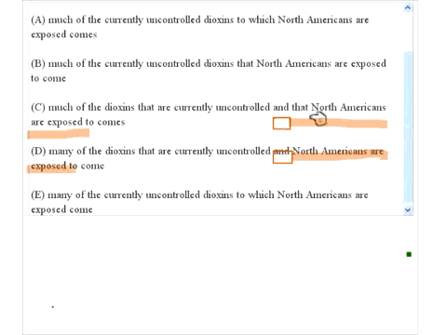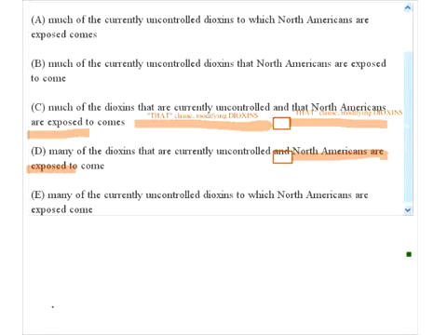Now in C, the parallelism in C is all right, because this is a that clause, and this is another that clause. And they both modify dioxins. So let's mark it: this is a that clause modifying dioxins. And this is a that clause modifying dioxins. So that makes sense.